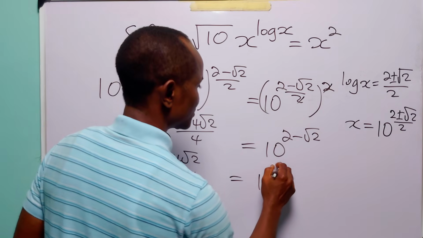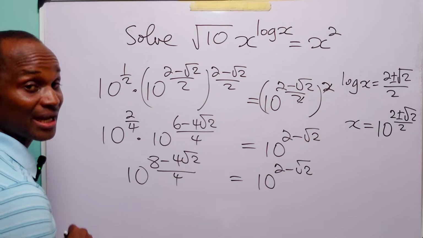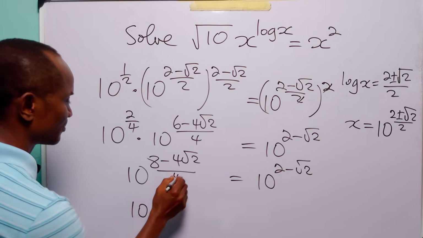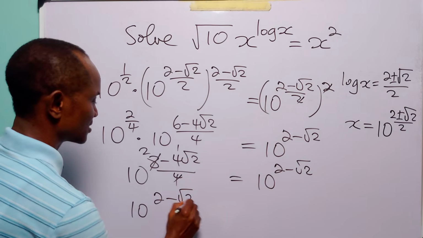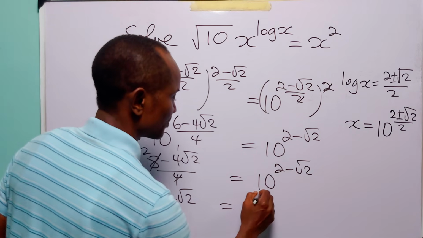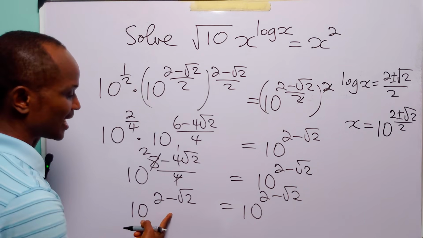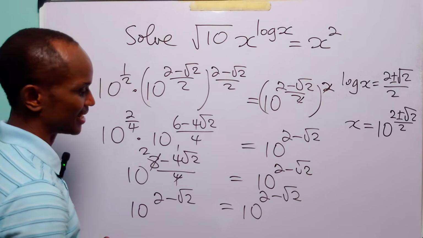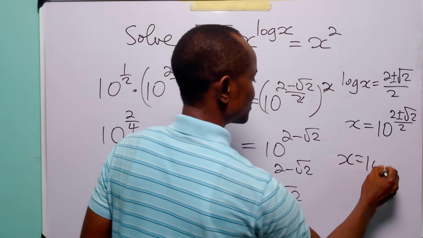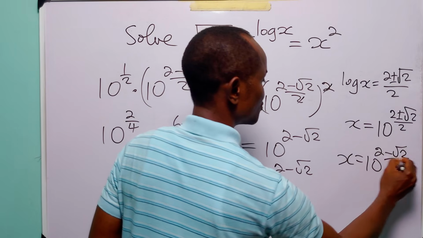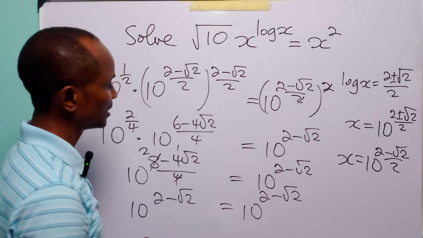This is equal to 10 to the power 2 minus root 2. And of course, simplifying this, we have 10 to the power 2 minus root 2 is equal to 10 to the power 2 minus root 2. Once more, the left-hand side is equal to the right-hand side, leading us to conclude that the second value of x, which is 10 to the power 2 minus root 2 over 2, also satisfies the original logarithmic equation.